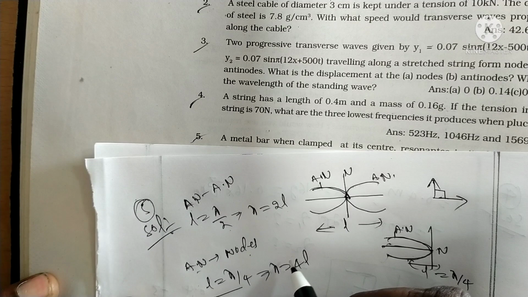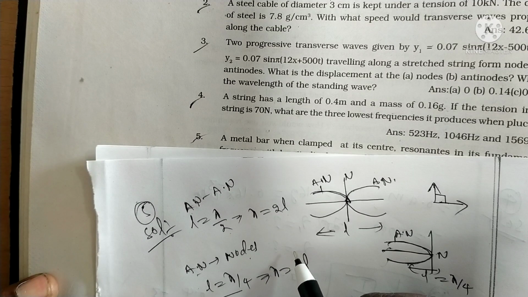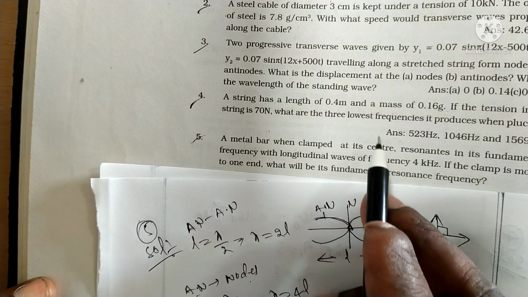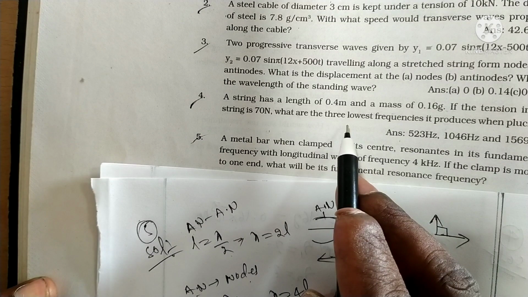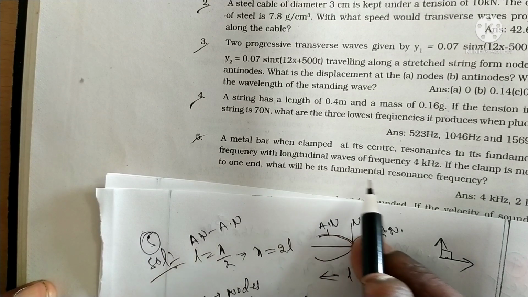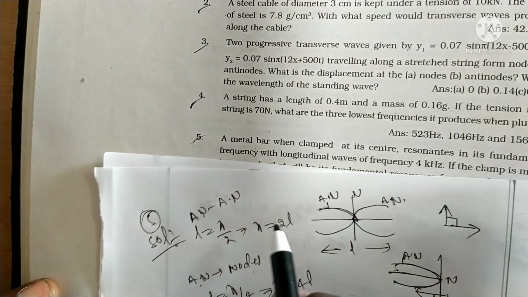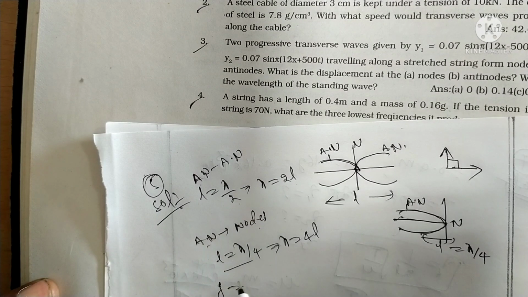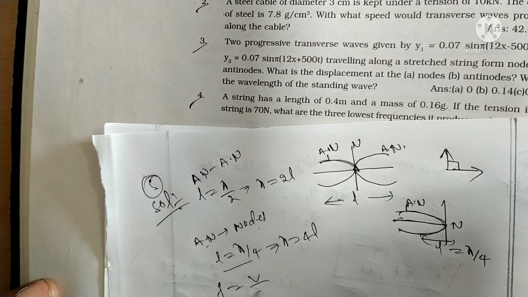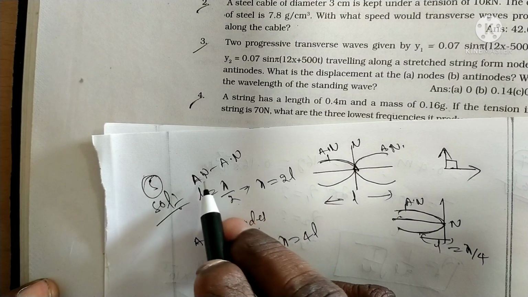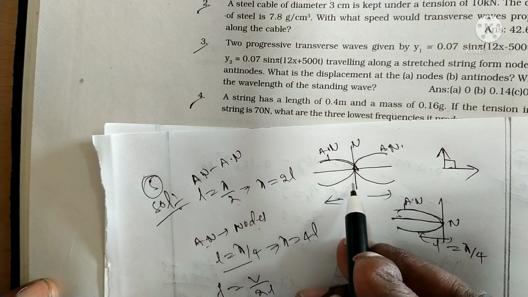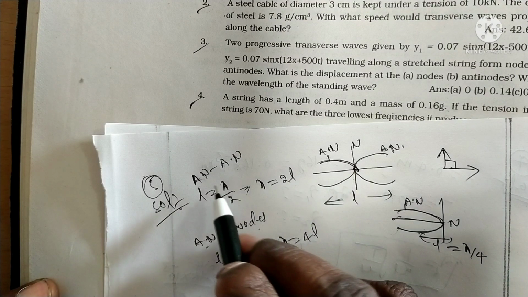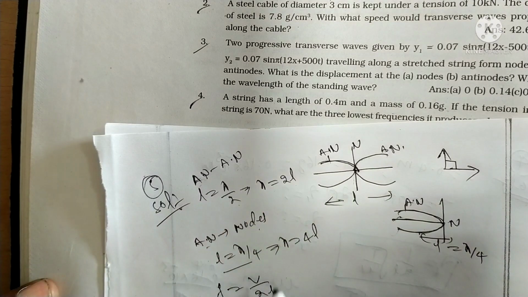Okay, now the frequency. In the fifth problem, what is the fundamental resonance frequency? F is equal to the fundamental frequency, V by 2L at the center, that is antinode to antinode.